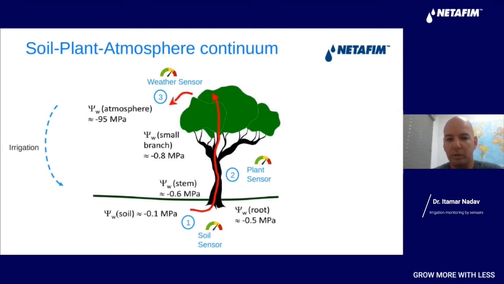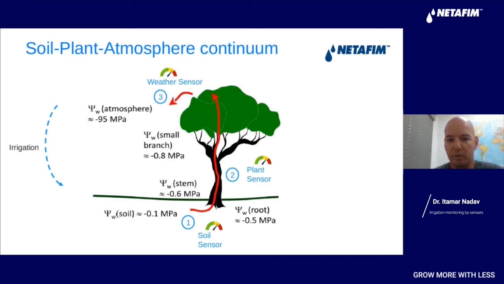This water continuum makes the water flow from the soil through the plant to the atmosphere. So we can monitor each one of those segments in order to see that the cycle is going well.